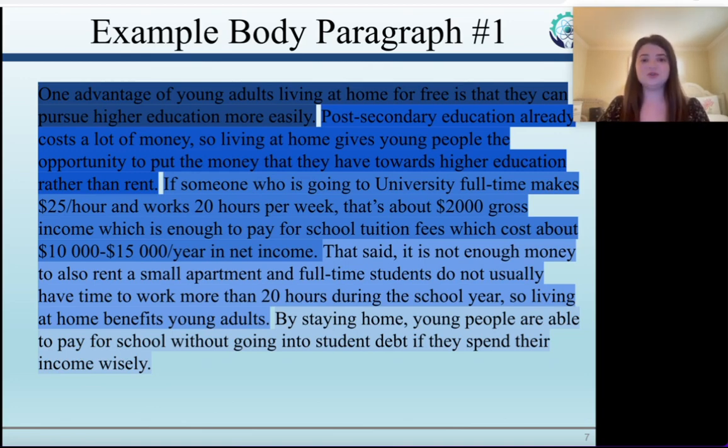So even as a student, working 20 hours a week was a full load for me, absolutely. And it is for most people, right? So since these students are spending a lot of time working hard at their school, they don't have as much time to spend working, which is fine, right? That makes sense. So we explained how that example relates to post-secondary students living at home.